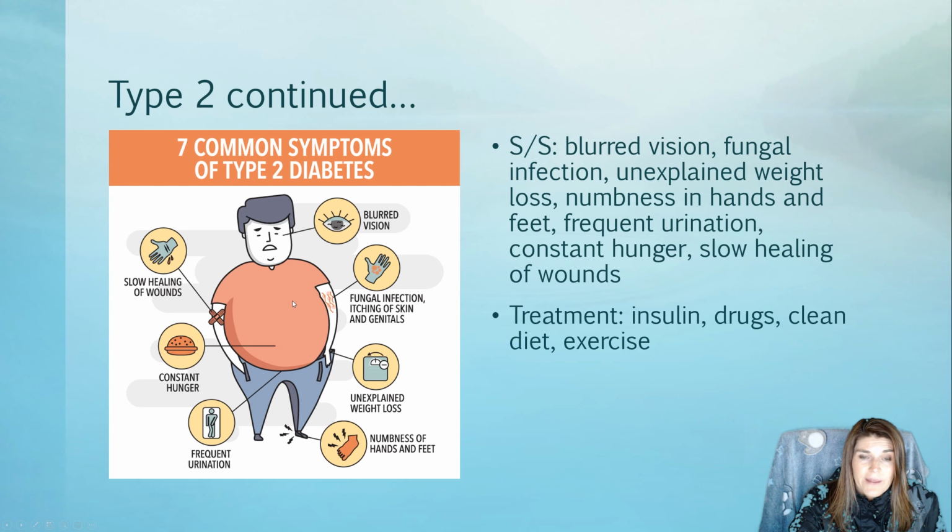Constant hunger. And the reason you would be constantly hungry is because your cells are like, what do you want us to do? You're telling us to walk around and do whatever it is that you do throughout a day, but you're not sending us any nutrients because the insulin is not getting into the cell and allowing that channel to open up.